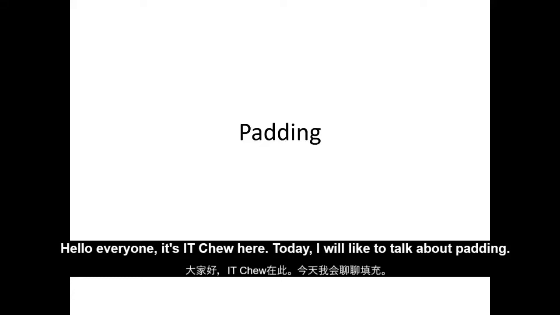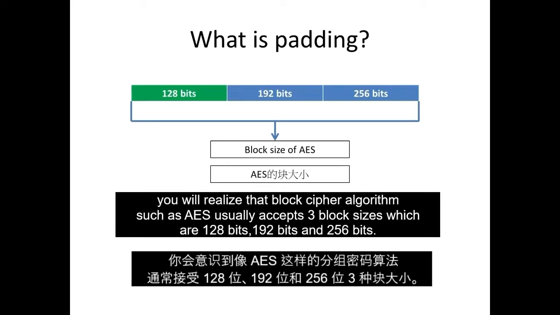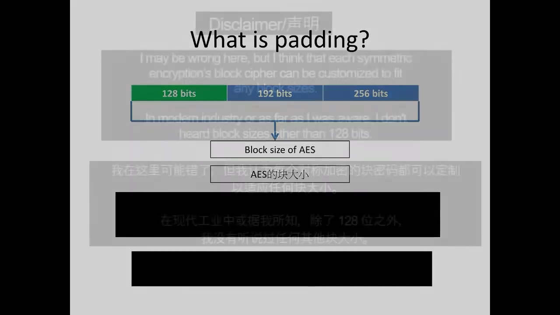Today, I would like to talk about padding. If you recall on block cipher that is in symmetric encryption, you will realize that block cipher algorithms, such as AES, usually accept 3 block sizes which are 128 bits, 192 bits and 256 bits.